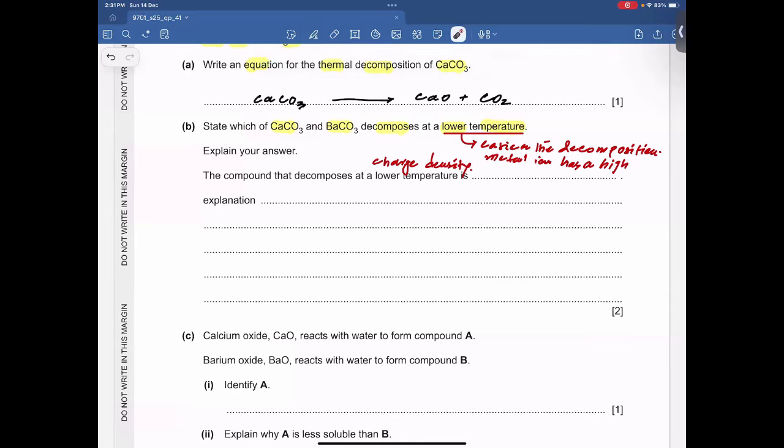And we know that calcium ion has a higher charge density than barium ion, which means calcium carbonate decomposes at a lower temperature. So the compound that decomposes at lower temperature is calcium carbonate.